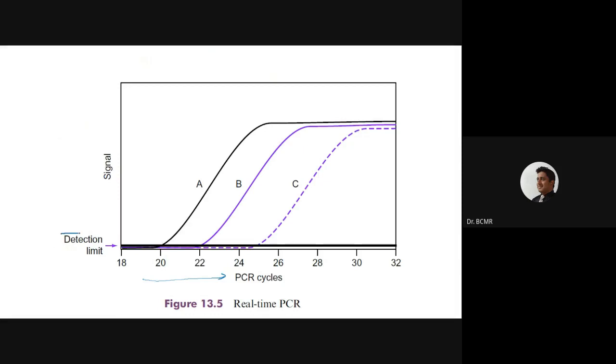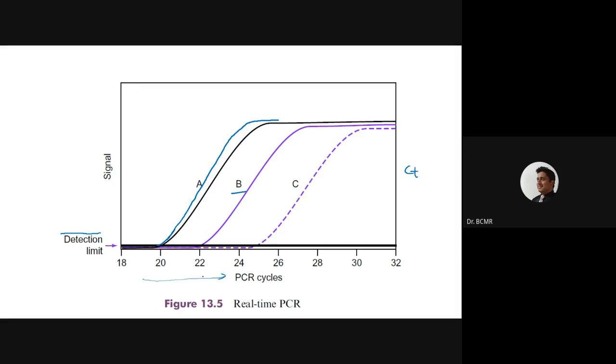And every machine has a detection limit. So based on that, if we have a larger number of templates, that template is going to develop faster and be detected early, right? And then it will have a kind of exponential phase, and then it will reach a plateau. The same thing, if something has a lesser amount, then it will show a delayed CT value. And the sample containing the least amount of template will show up a curve at the last.